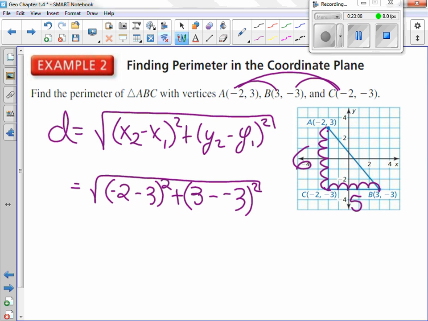Now what do we do next? Yeah, you can just type this into the calculator. The calculator will do this for you. You can do square root, parentheses, -2 minus 3, close parentheses, squared, plus parentheses, 3 minus -3, close parentheses, squared. Type it all in. If you have trouble with simplifying this, just type it in as it is right there. And the calculator will tell you exactly what it is.